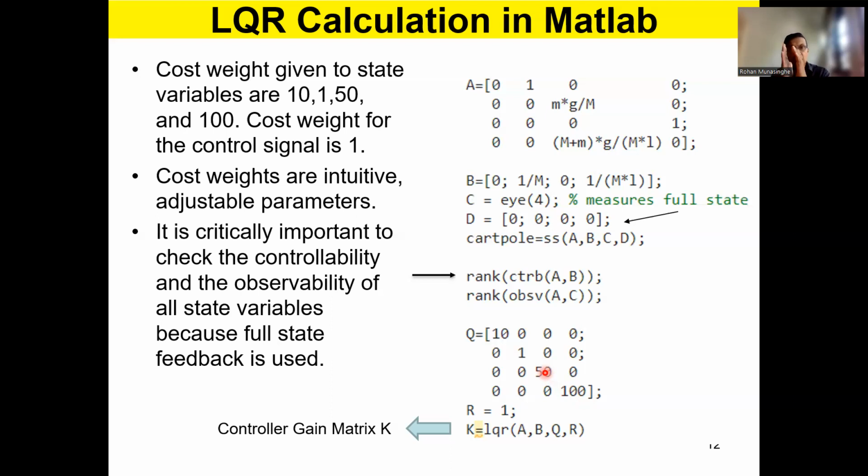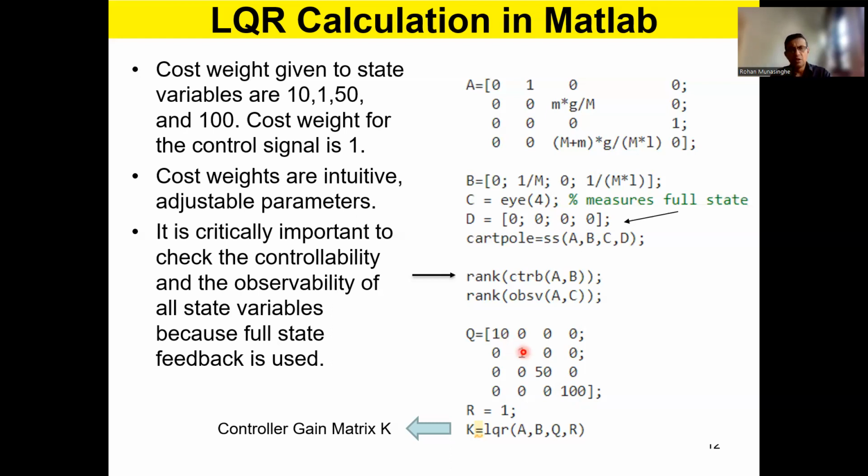Theta means theta away from 0. Then x, that is the position, is the third most troubling thing to me, anything off 0. And x dot is the least troubling thing to me.